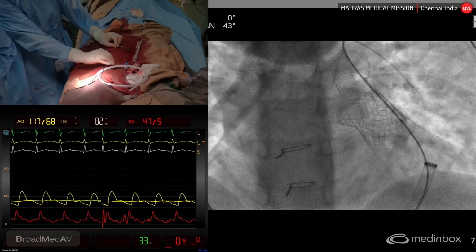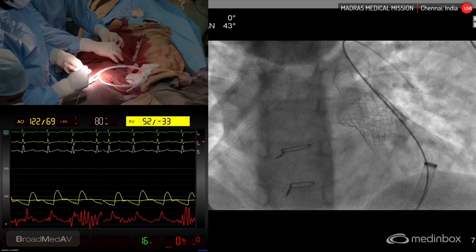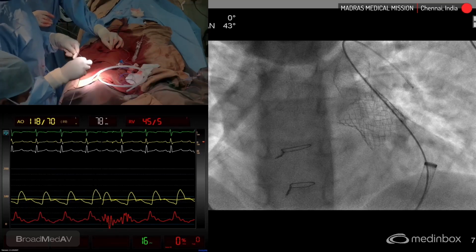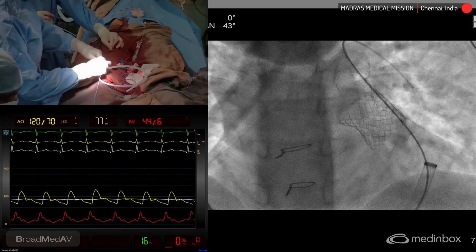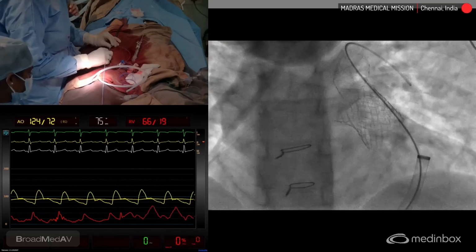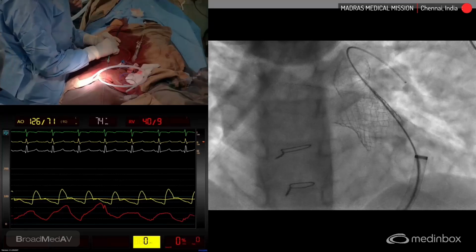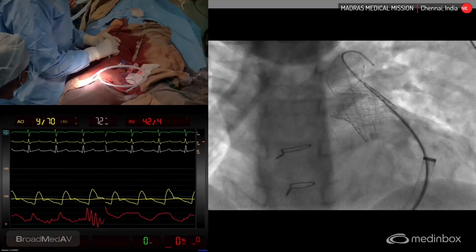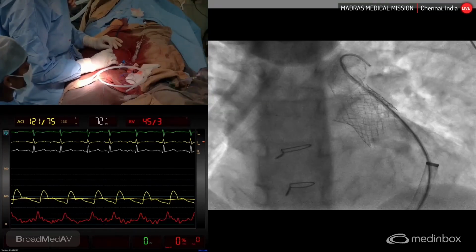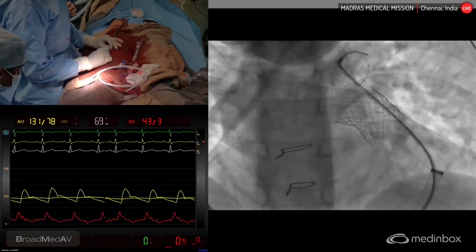So now we need the Judkins right coronary artery catheter. Figure of 8 stitch. Leave the wire.